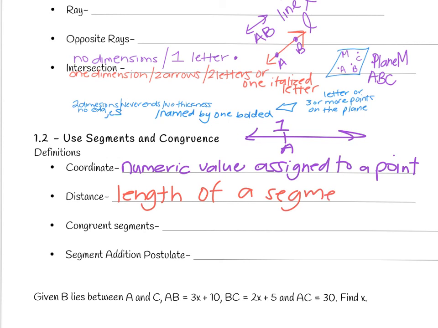The distance between, in this case, we were just doing points on a number line. We weren't doing coordinates yet. The distance between 2 points was the length of the segment. Okay, so if it's on a number line, you can just count it. You're not going to get a number line. You're going to get distance formula problems. Congruent segments are segments with equal length.